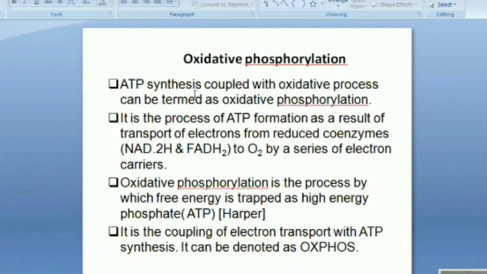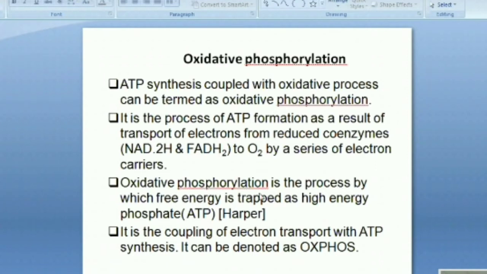Now come to the point. This is the most frequently asked question: oxidative phosphorylation. ATP synthesis coupled with oxidative process can be termed as oxidative phosphorylation. In another way, oxidative phosphorylation is the process by which free energy is entrapped in the high energy phosphate in ATP.